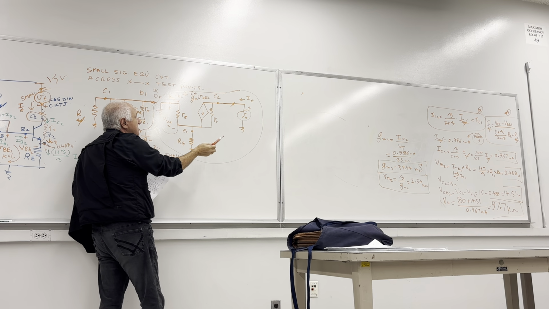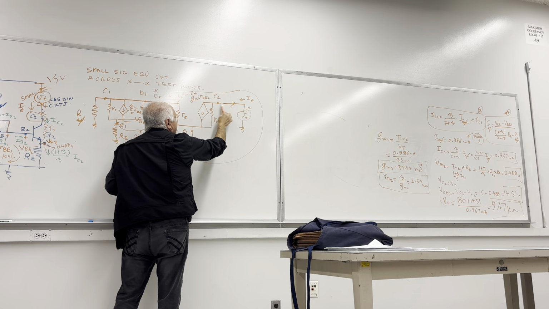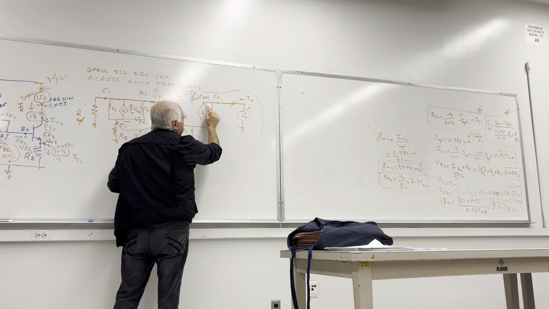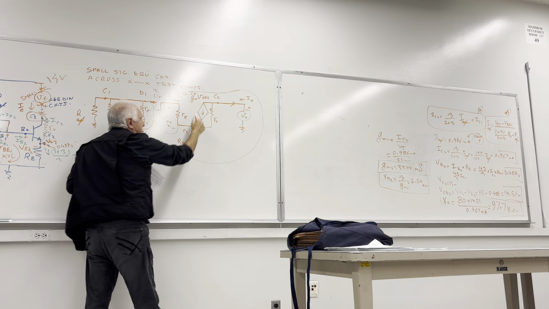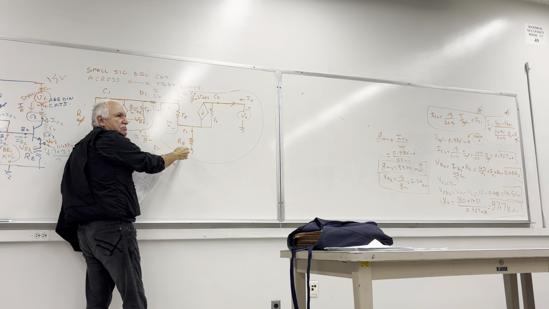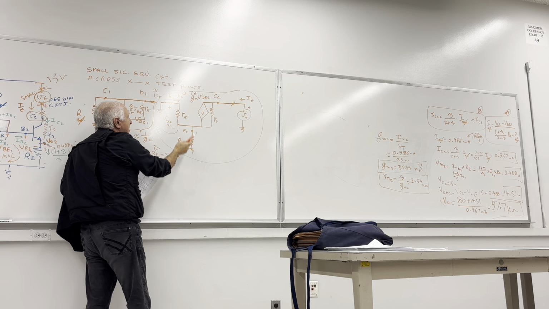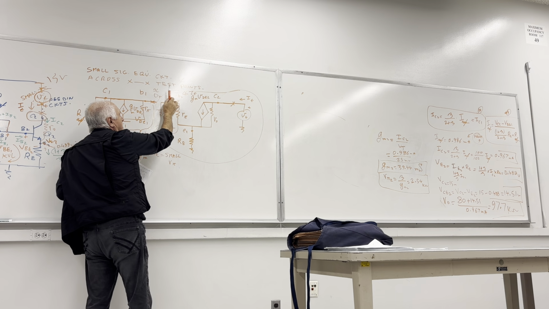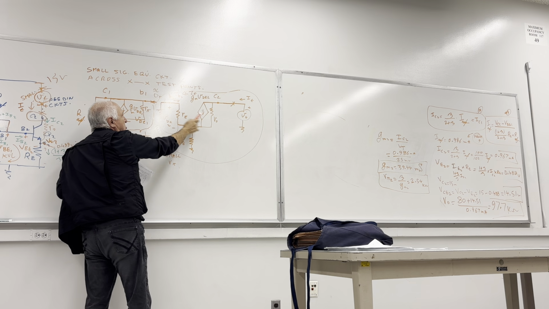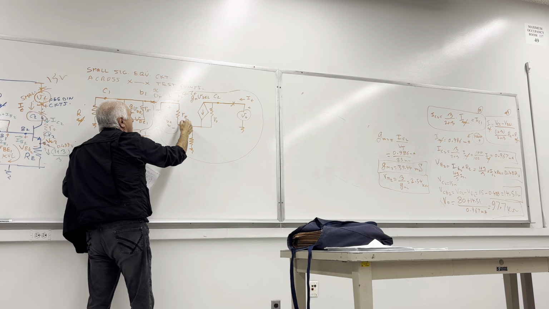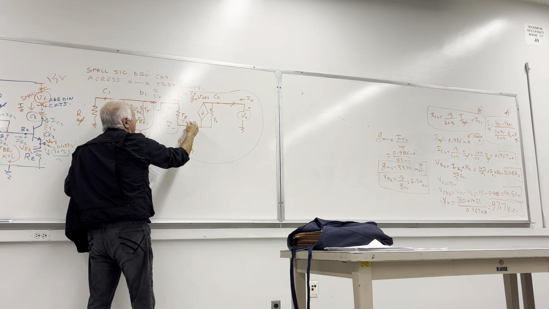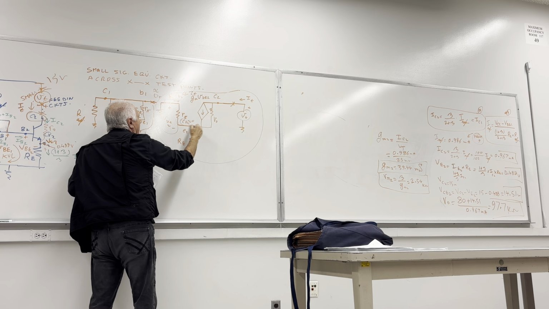Again, this is IT, which is almost IC. ICs and IEs are almost equal because IBs are small. So I'm going to open up in here, like as if there is no current going in. This current, IB2, about equal to 0.